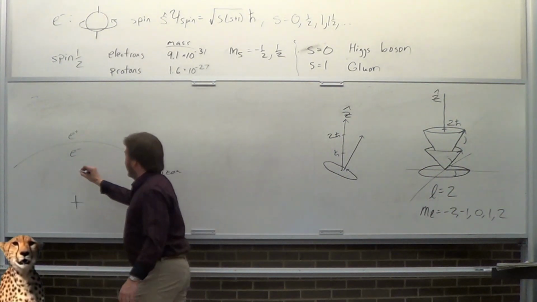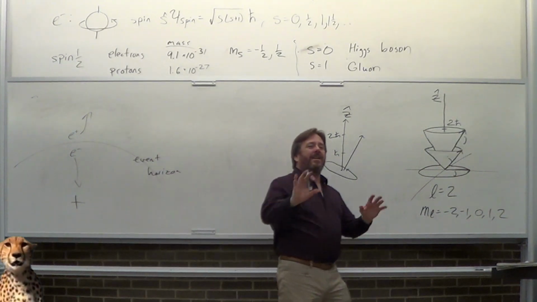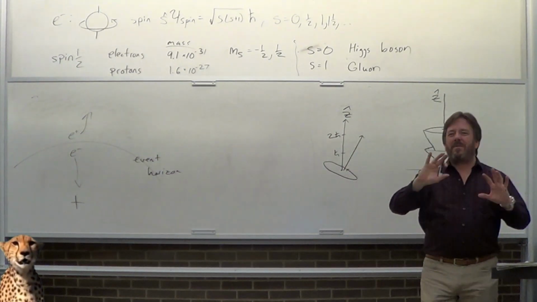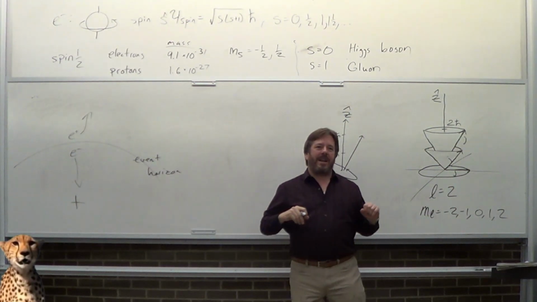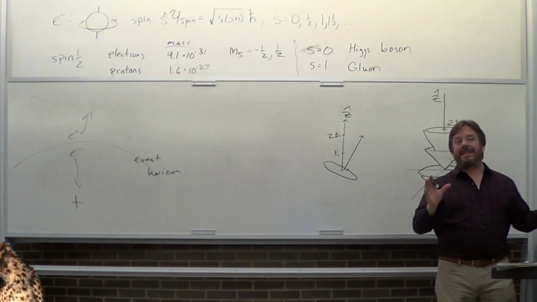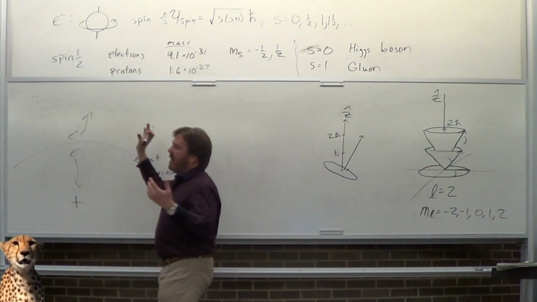The electron gets sucked in, the positron escapes. I don't know that it's electrons and positrons, it may be photons, something like that. That is what Hawking radiation is. That's how black holes can cease to exist, because this is a way of shedding energy.